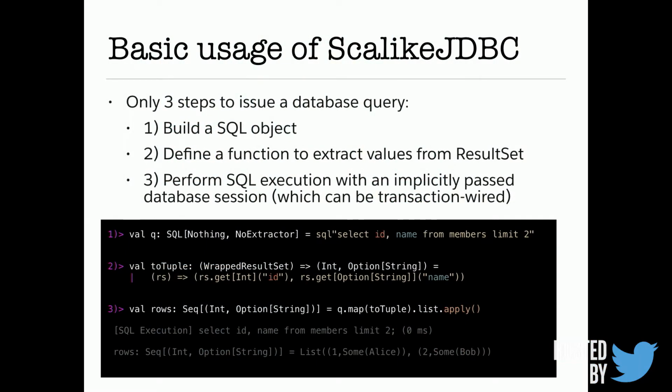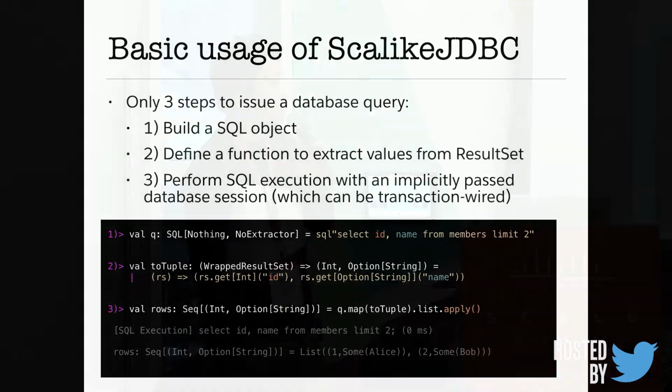The list here is the type of output. So list, single means option or traversable, etc. And finally, you can perform the side effect by calling the apply method with a session. It's also possible to use auto commit or transaction with session when you perform modification queries like insert, update, delete.